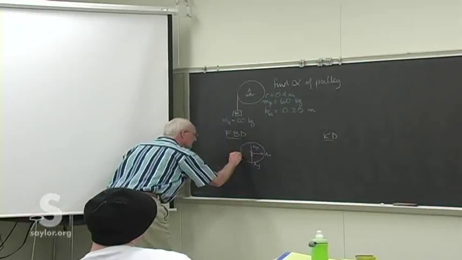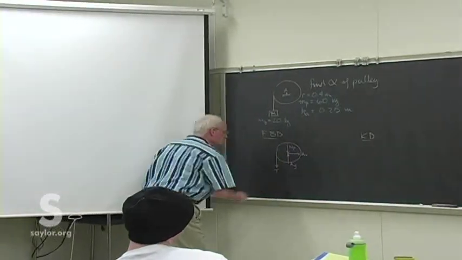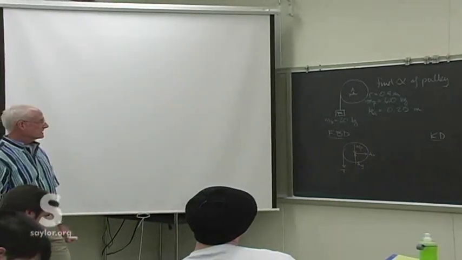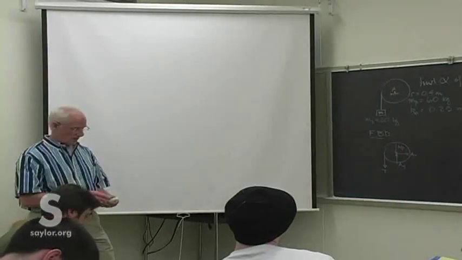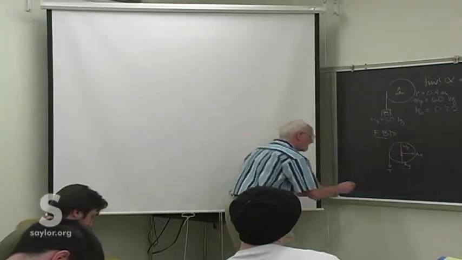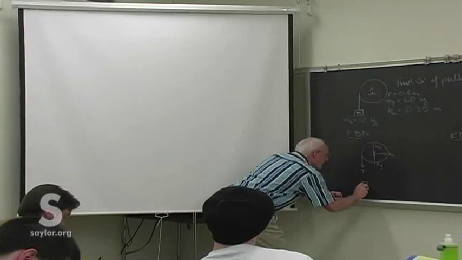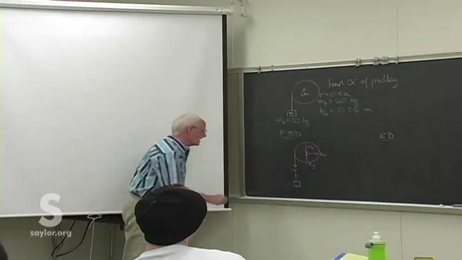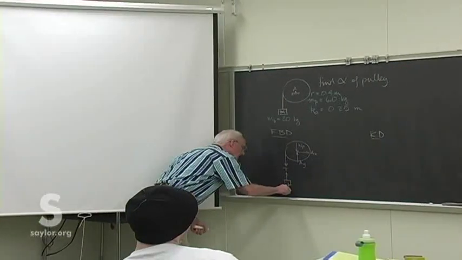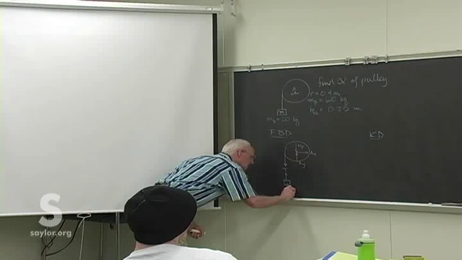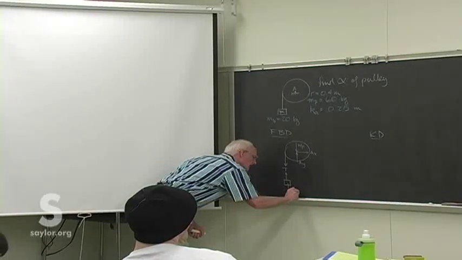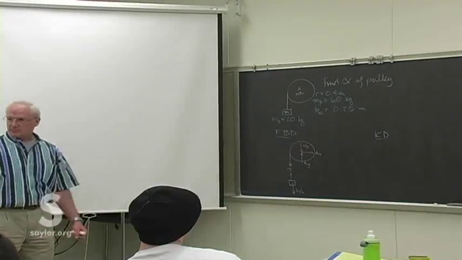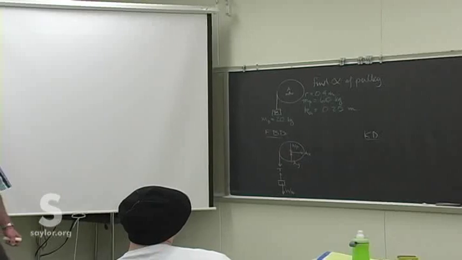And, of course, the tension in the line. That's actually what's causing it to turn. That's the applied torque as far as the drum is concerned. And then we've got the mass with the same tension up and its own weight down. I think I call that B. So there's WP for the pulley and WB for the block. So that should be your free body diagram.